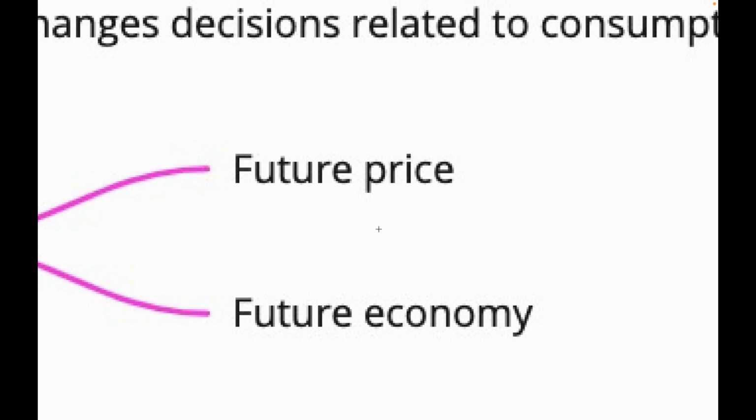When we expect the price to increase in the future, we would choose to purchase more right now to save money. And we have the future economy. If we expect the future economy to behave well, for example, employment and income would rise, then we would probably consume more now because we don't have to worry about saving up money for the future.